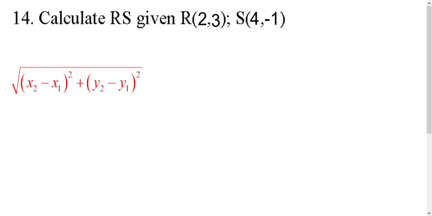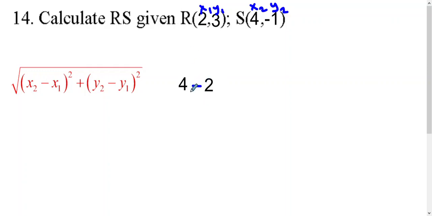Our first point is an x and a y. Our second point is also an x and a y. And we usually call them x1 and y1 and x2 and y2 just to signify what point they're coming from. So the difference in the x's would be x2 minus x1.